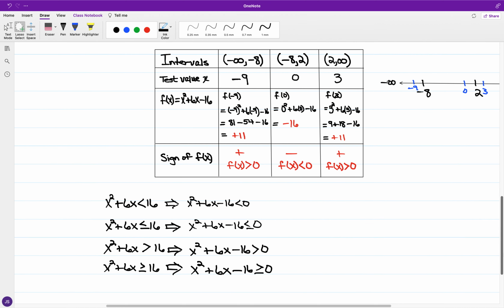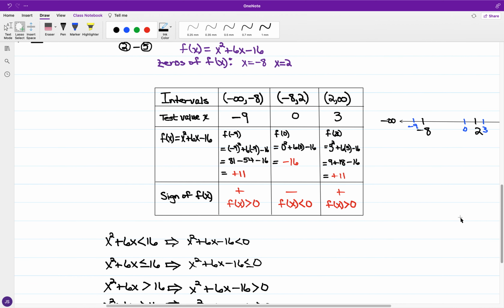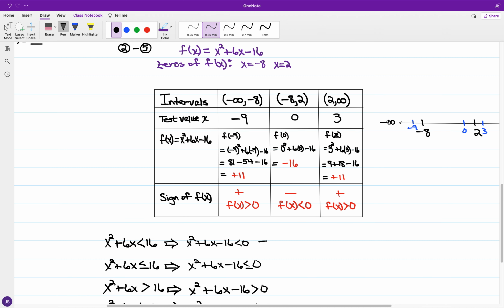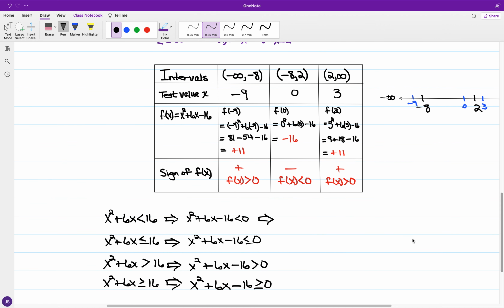Okay, again, just going back, we had that f of x equals x squared plus 6x minus 16. So for what you have from the table, you have f of x, x squared plus 6x minus 16, and in the first case, if this is less than 0, this makes reference to f of x is less than 0.